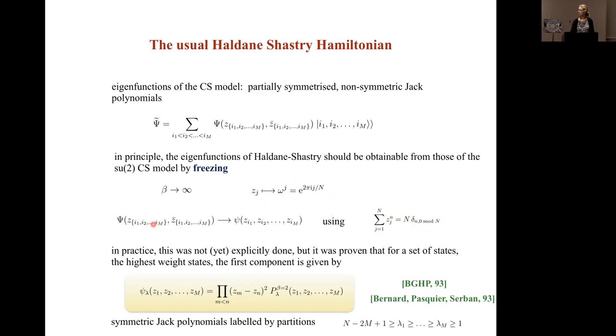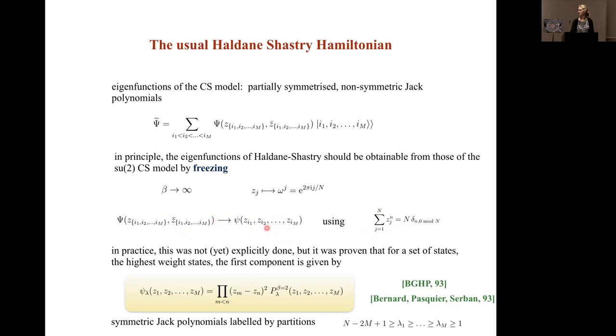So in these partially symmetric functions, you see that you can replace these variables here by using this expression. You can get just a symmetric function in the Macdonald positions.